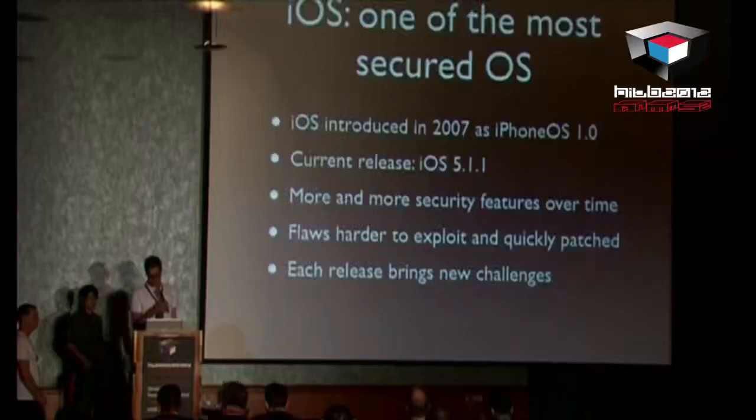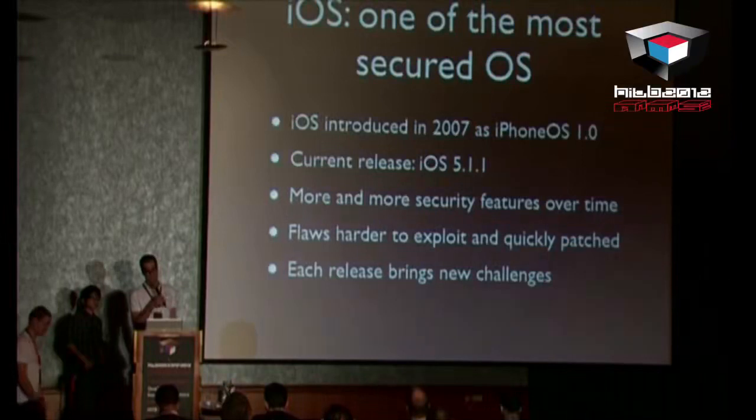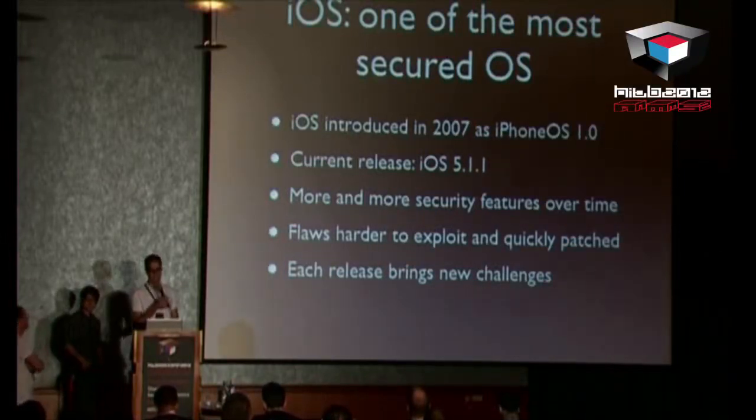Another point is that if we release a jailbreak, Apple will quickly push out a fix in the form of a firmware update. This is the problem: each time a new release comes out, we basically have to start from the beginning, because they closed all the holes we used to get into the system, and this is every time quite a big challenge.